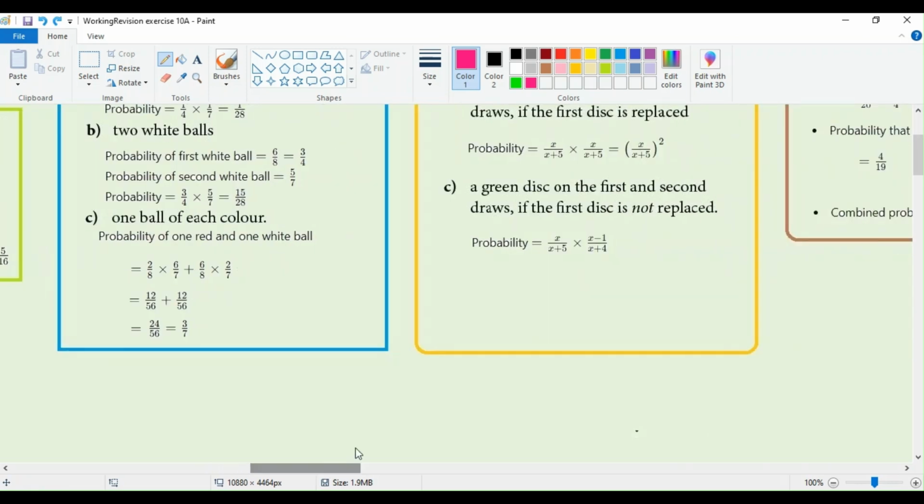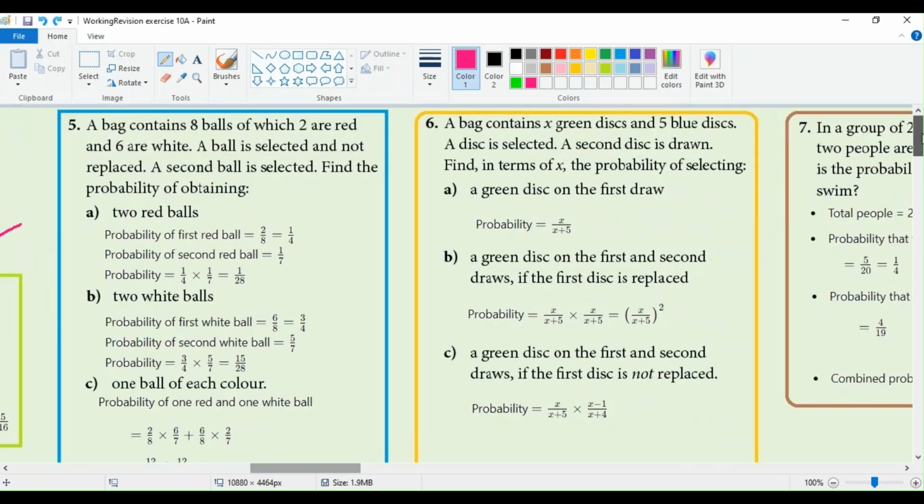Moving on to the next question, which is question number 5. A bag contains 8 balls, of which 2 are red and 6 are white. So the total balls we are talking about is 8, and 2 are red and 6 are white. A ball is selected and not replaced. This not replaced is very important for you to understand. A second ball is selected. Find the probability of obtaining 2 red balls.